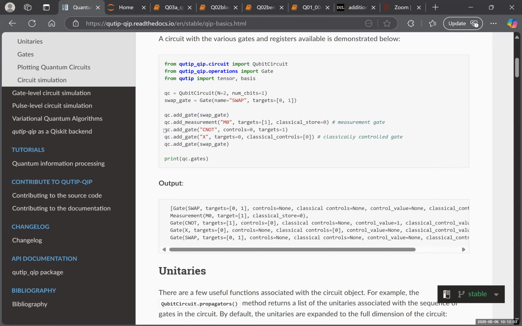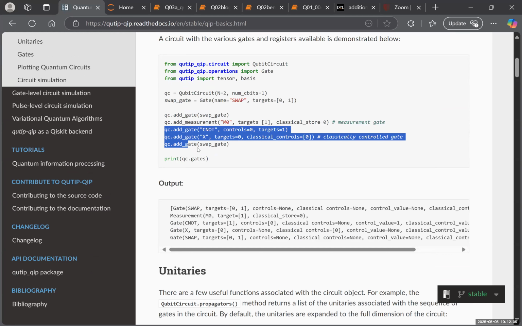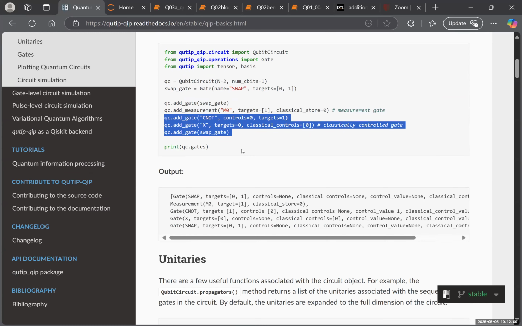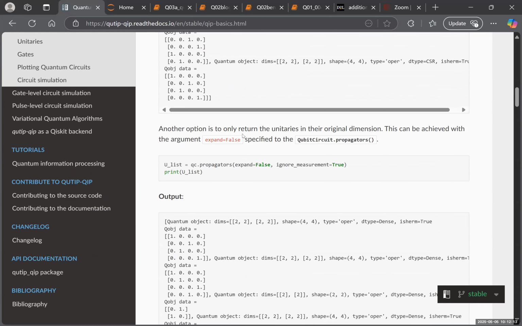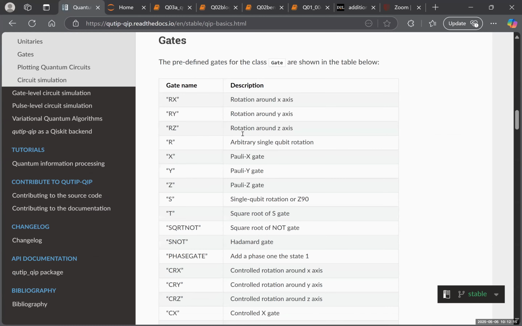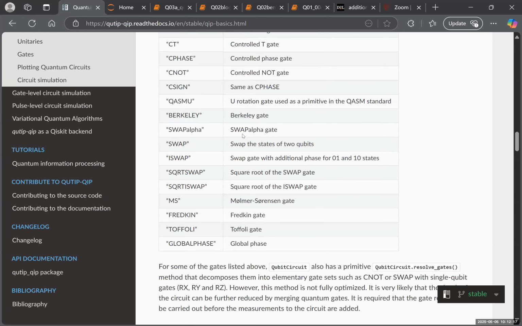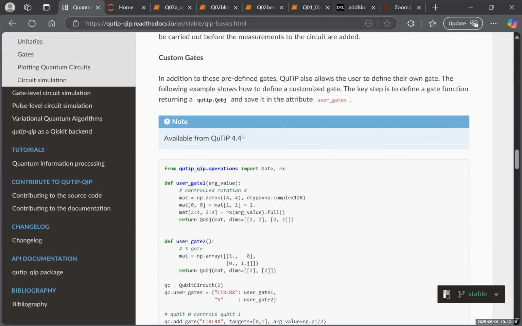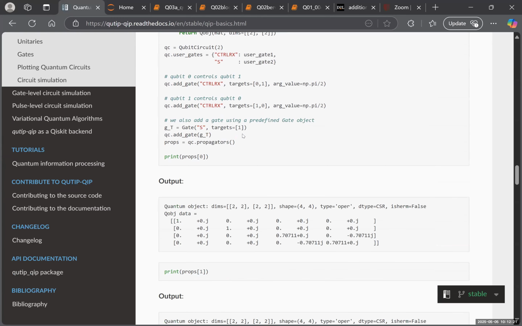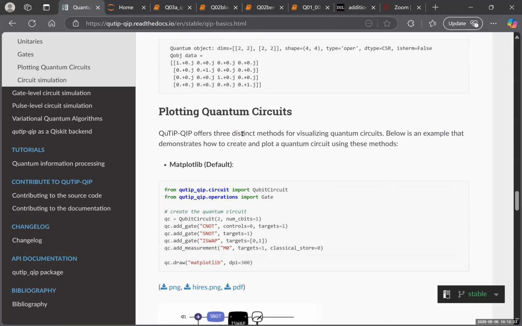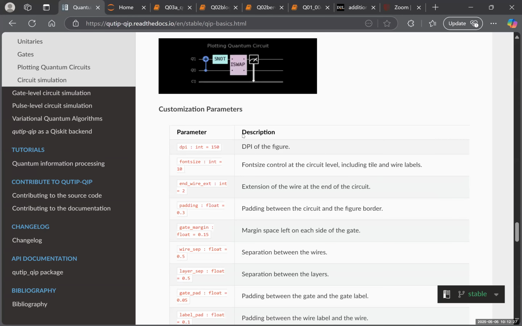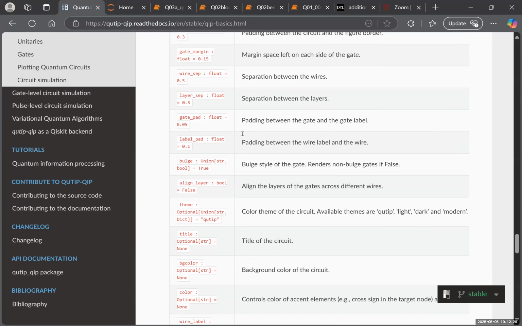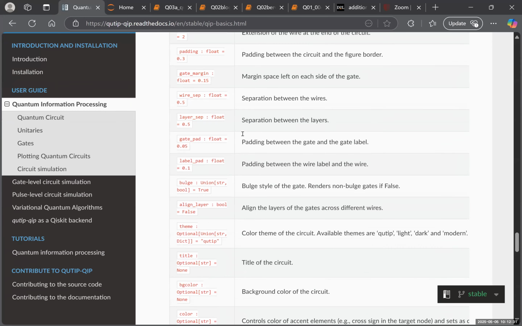So want to look at add gate. Documentation before, maybe here.